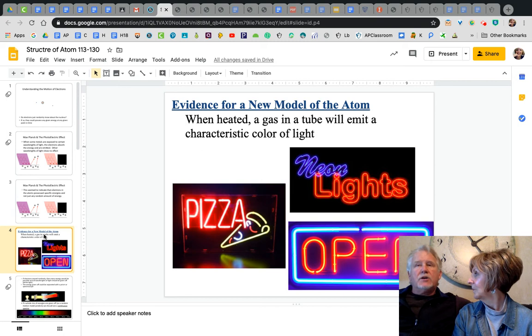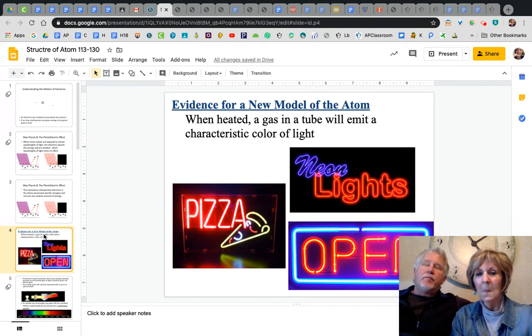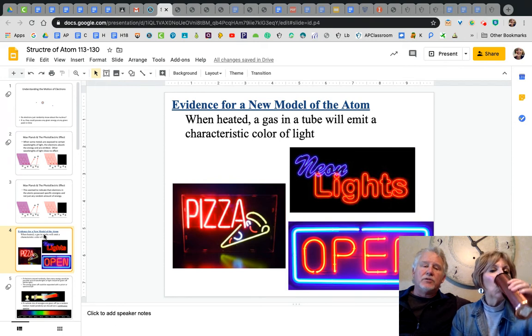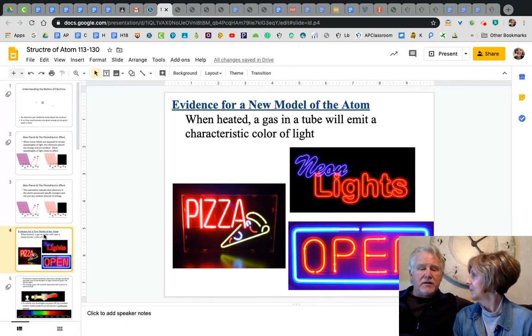The threshold frequency refers to the amount of energy required for an electron to be ejected. These electrons aren't being ejected; they're just getting excited to different levels. The different colors of all these different signs are associated with different transitions.